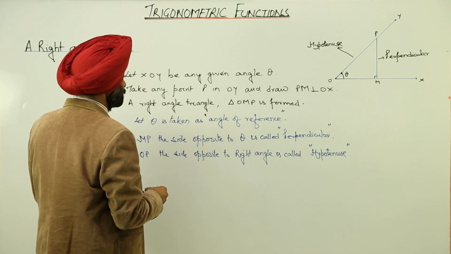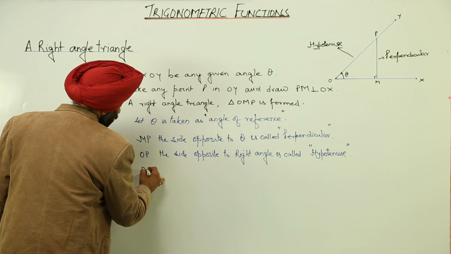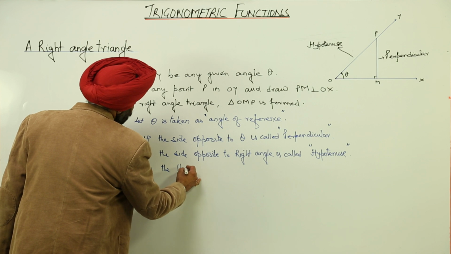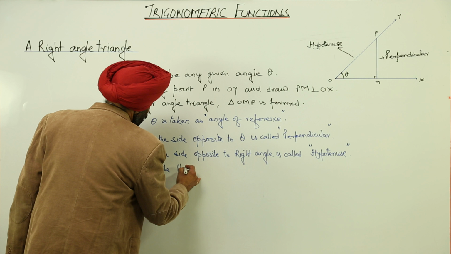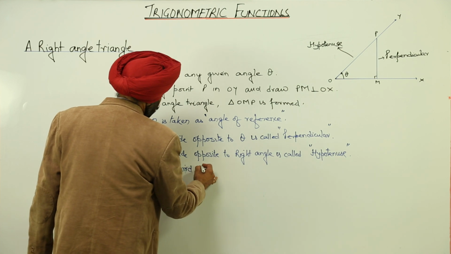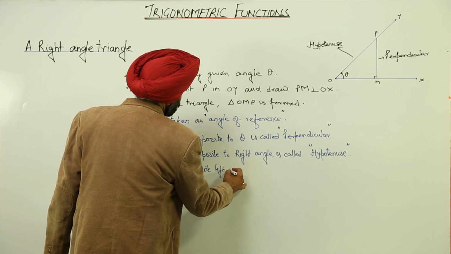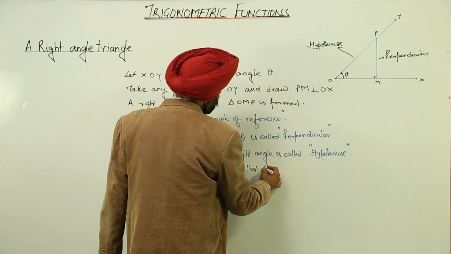Number 3. Now we are left with the third side, OM. The third side left is called the base.